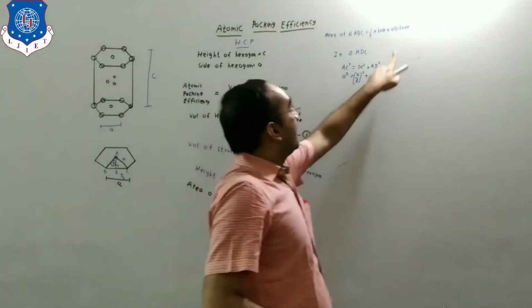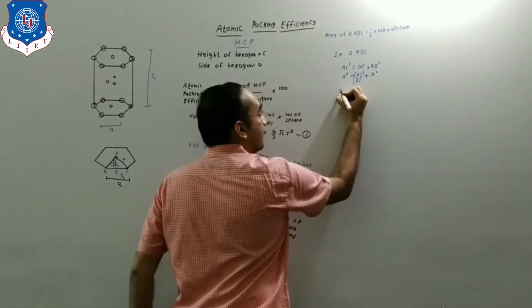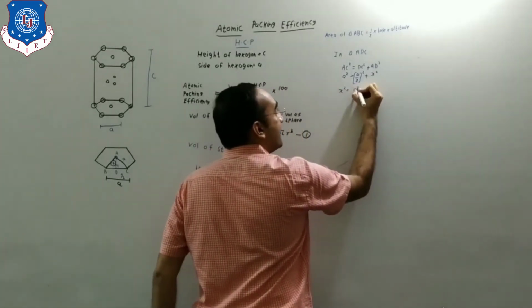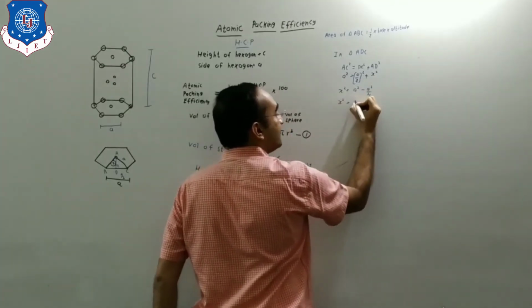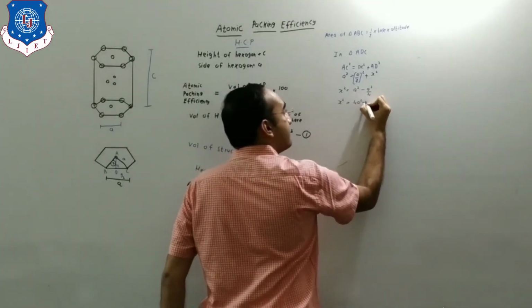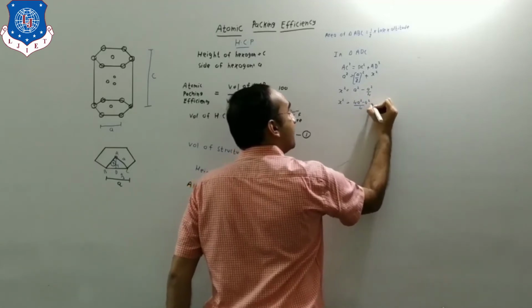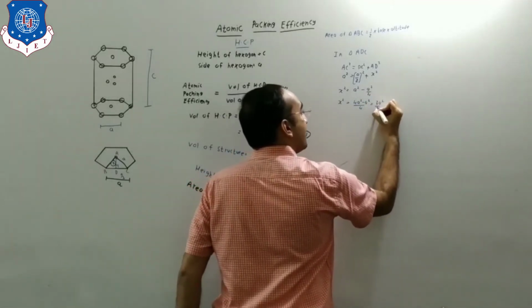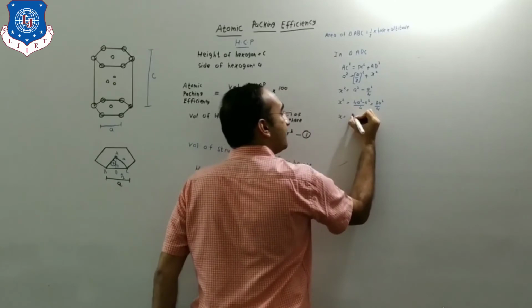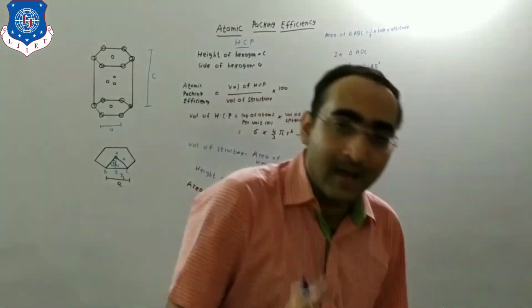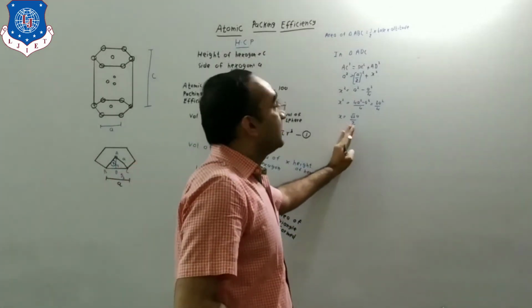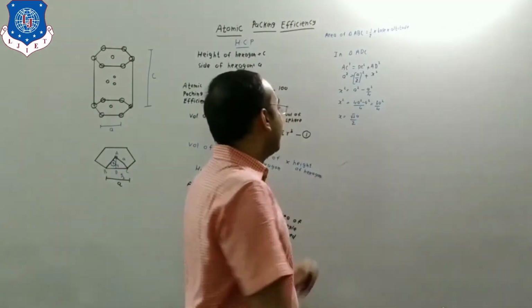We want to find out altitude. So x square is equal to a square minus a square by 4. So x square is equal to 4a square minus a square by 4, which is equal to 3a square by 4. So x will be equal to root 3a by 2. Now, after coming to this, we will be going in the reverse order.